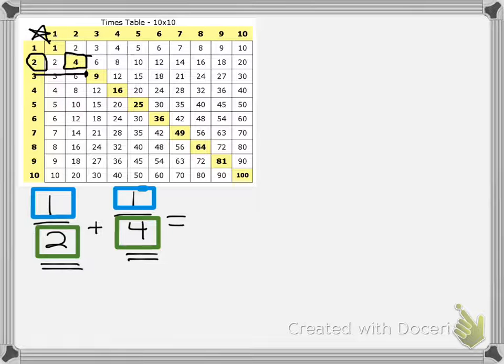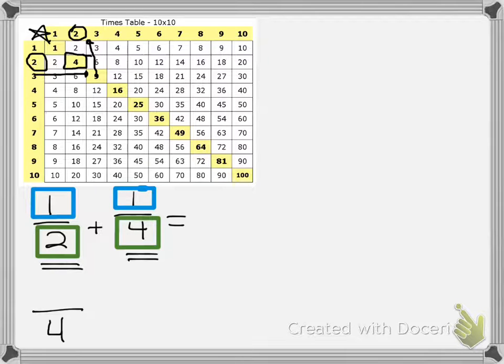what I have to ask myself next is, what do I do to turn this 2 into a 4? And if I'm not sure, I can look back to my multiplication chart. I've already gone to the right, now I'm going to look up and I will see that I have a 2.